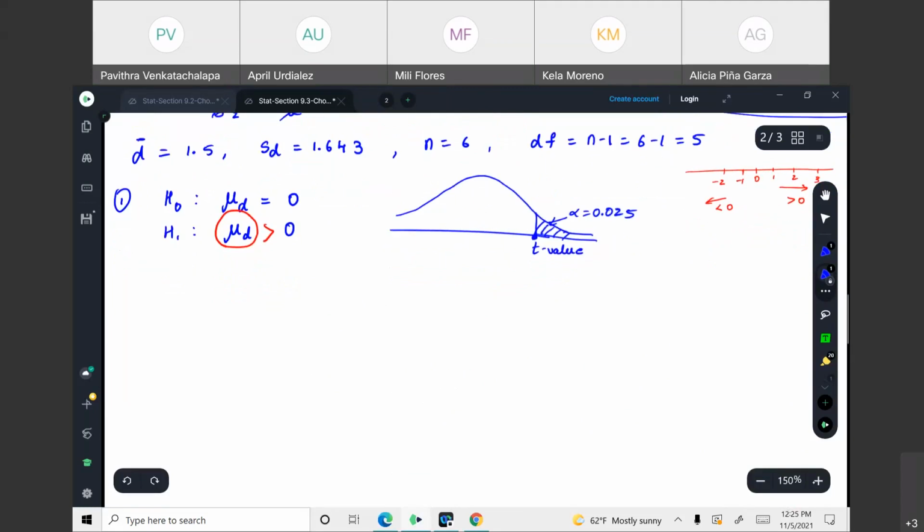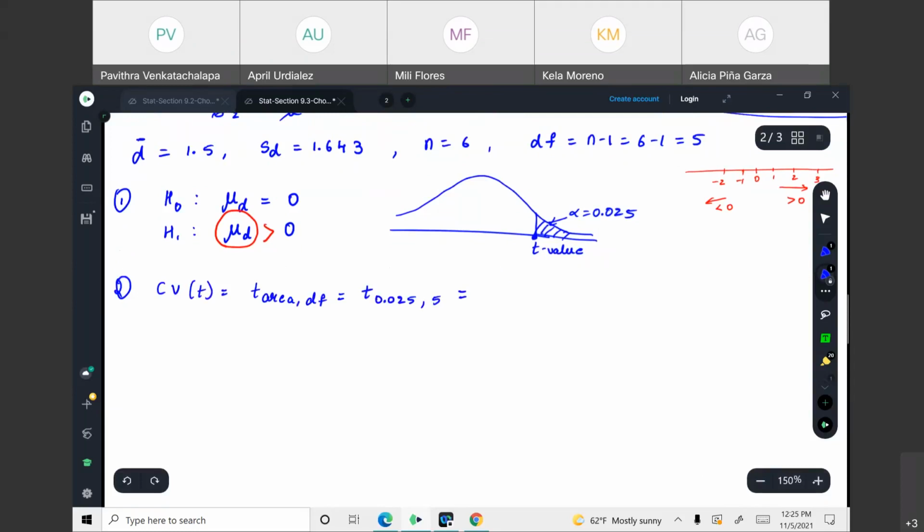Okay, so the second step is to calculate the CV, critical value of t. Now you can use your calculator, t of area and degree of freedom. So t of 0.025, degree of freedom is 5.